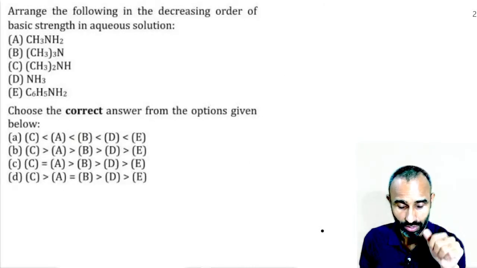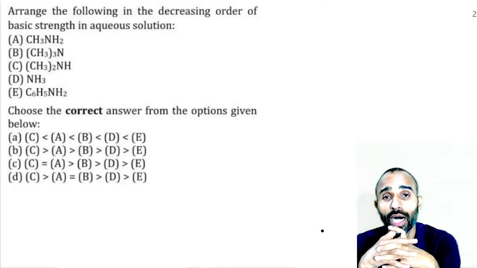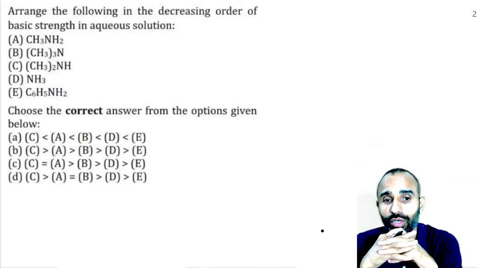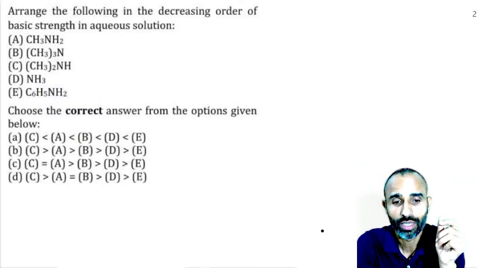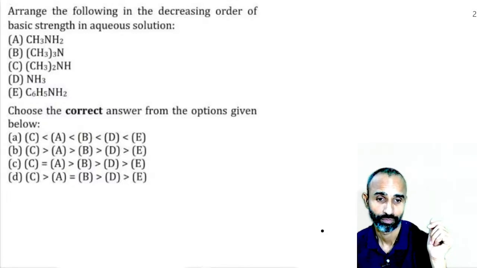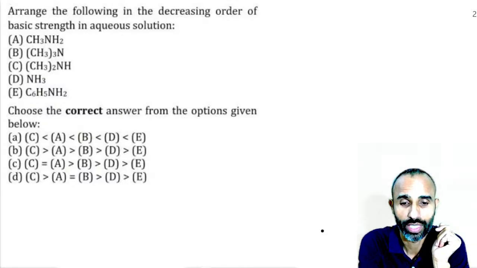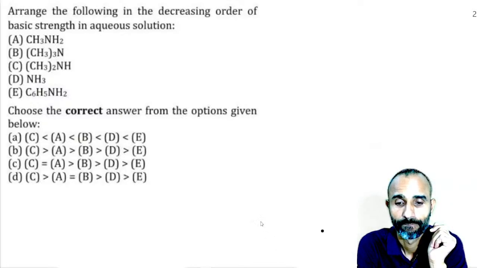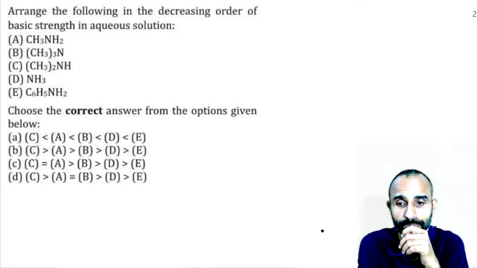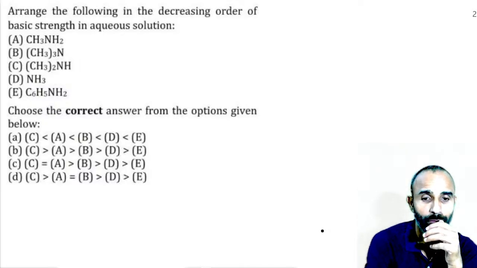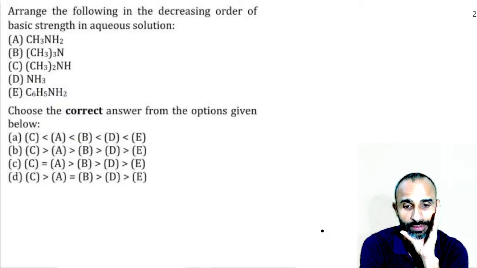So let us do this question. Arrange the following in the decreasing order of basic strength in aqueous solution. So what is the order? Tell me. Decreasing, so aniline will be last. Option A is eliminated, sir. And then ammonia will be second last, which is in all of the options.